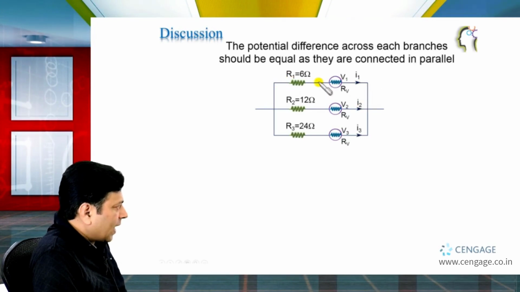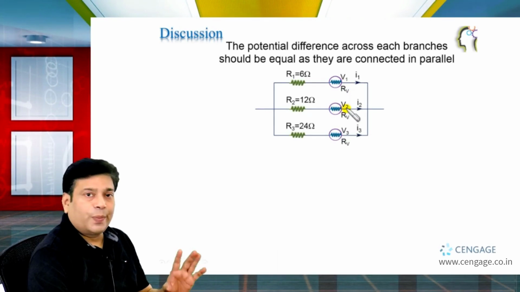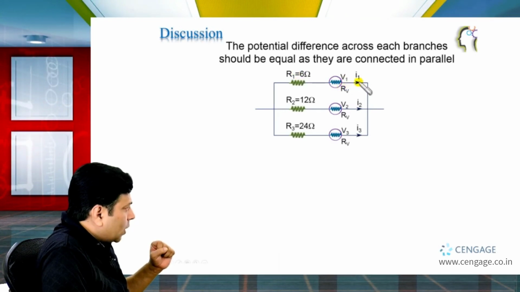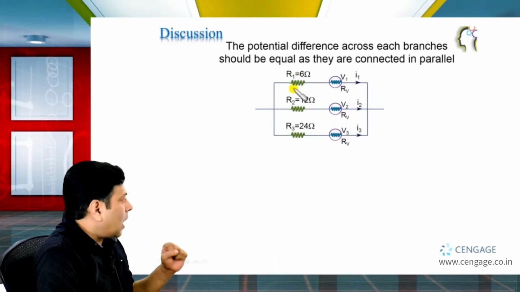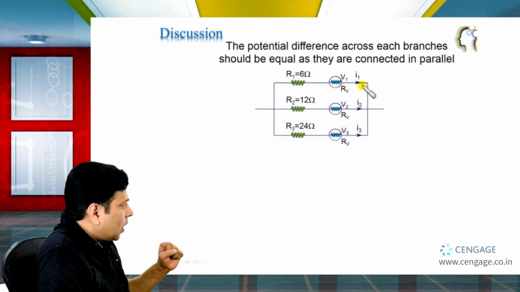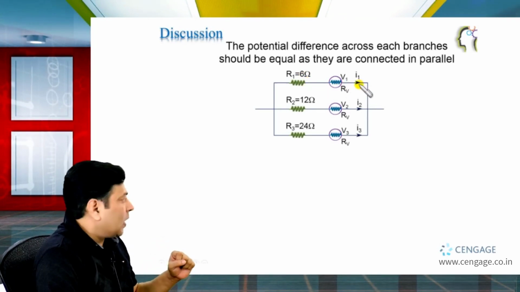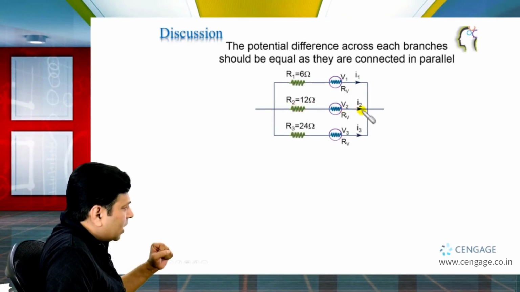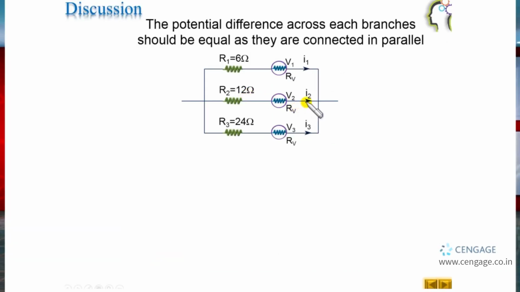First we are going to analyze this branch and this branch. The potential difference across this branch should be equal to R1 plus RV multiplied by I1, which is 6 plus RV multiplied by I1. And the potential difference across this should be equal to R2 plus RV multiplied by I2, which is 12 plus RV multiplied by I2.